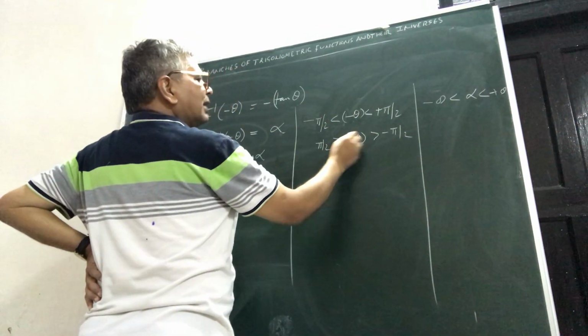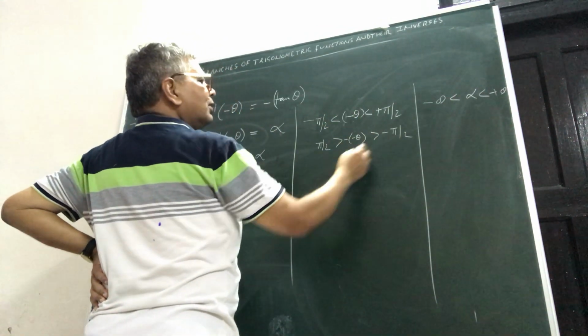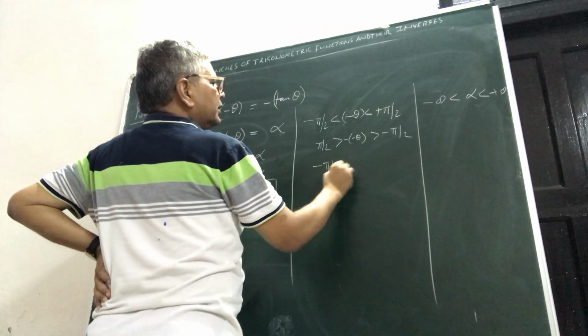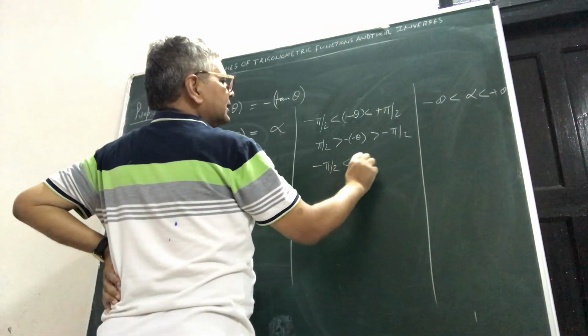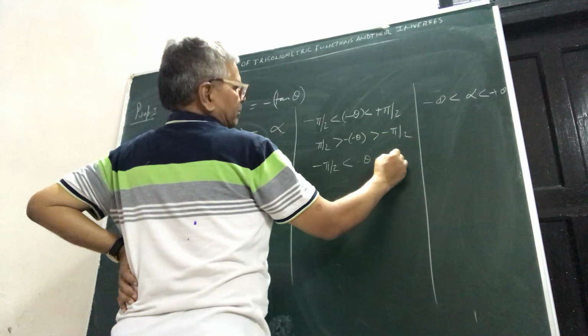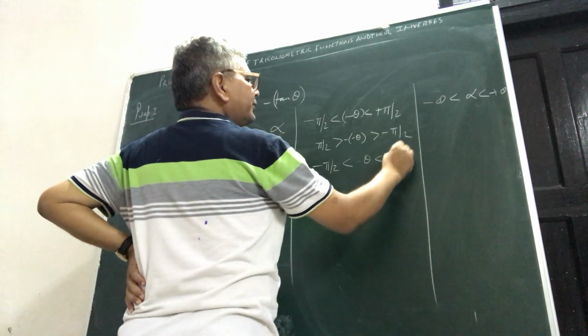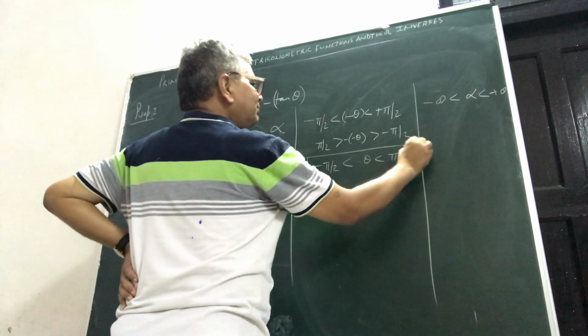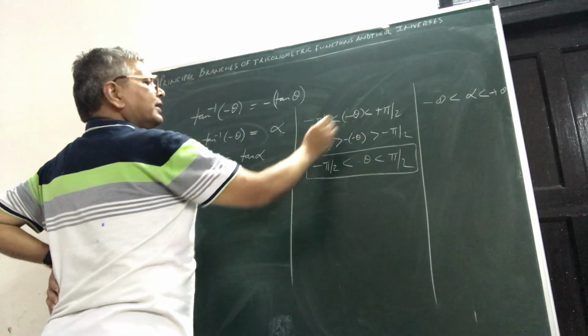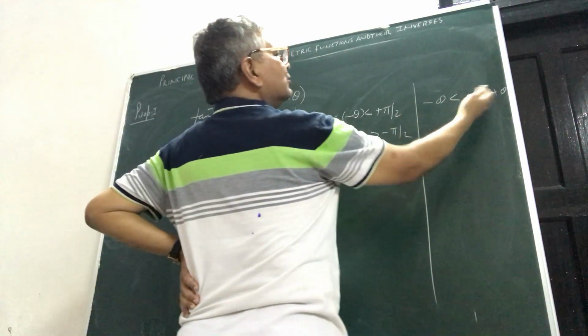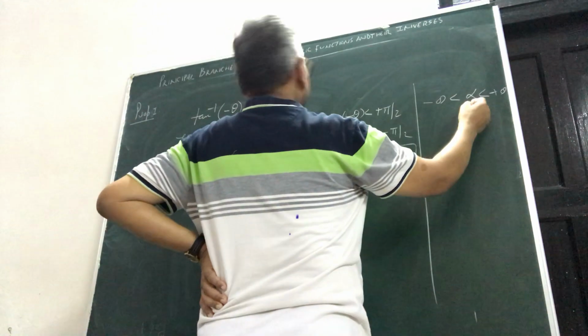So effectively minus pi by 2 is less than theta, and this is pi by 2. So eventually you get the same thing, please see. And likewise here also, it is plus infinity, minus infinity, so this is minus alpha.